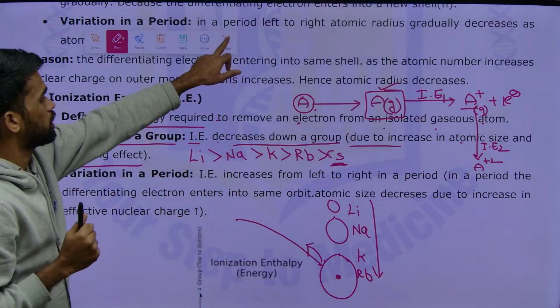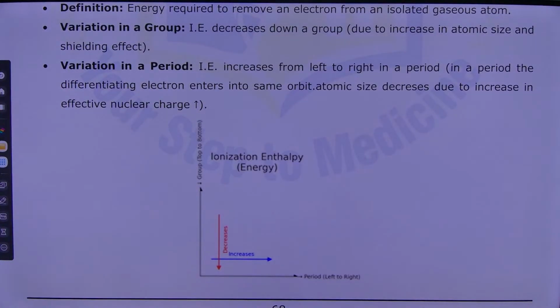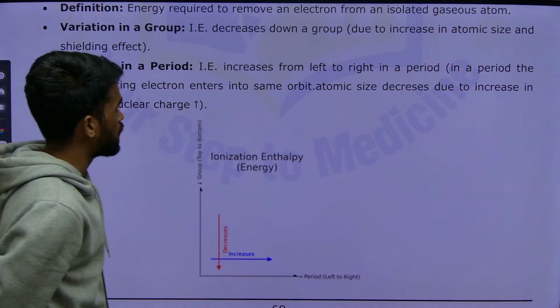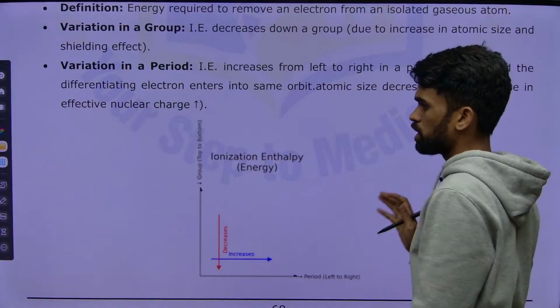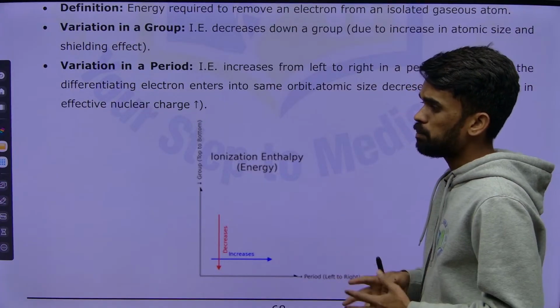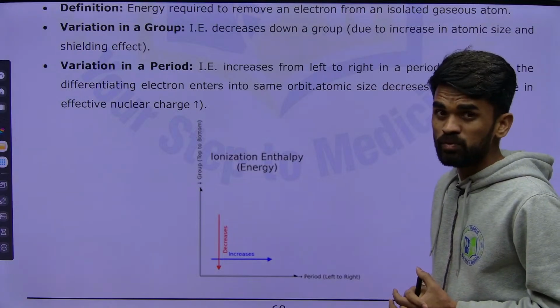Next, variation in a period. How does ionization energy vary in a period? Period means rows, going from left to right. What happens to the size from left to right?